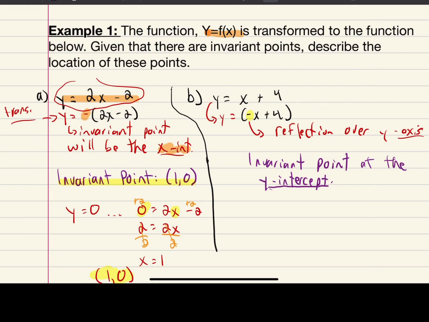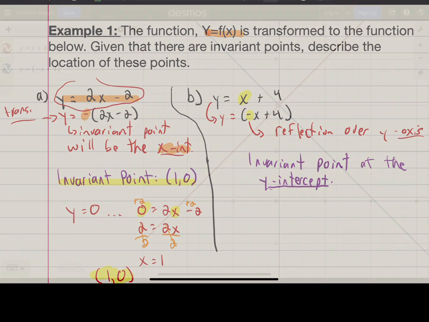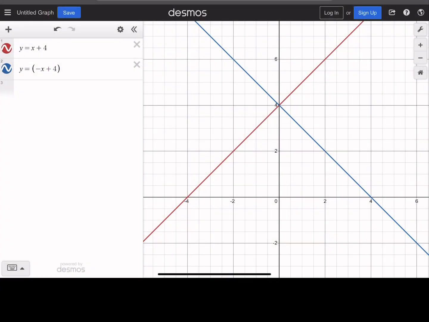So what we're going to do is algebraically, I mean, we can graph this, but algebraically we can also set the x to 0, and that's going to be the y-intercept, which would be the y-coordinate of the invariant point. So graphically, we're looking for the point of intersection, right? That's the invariant point. So in red here, I have the original parent function, y is equal to x plus 4.